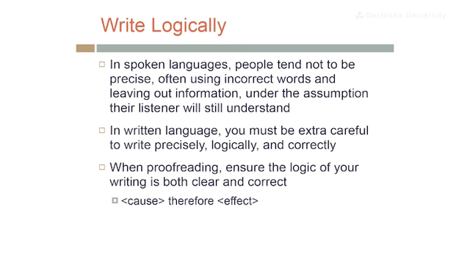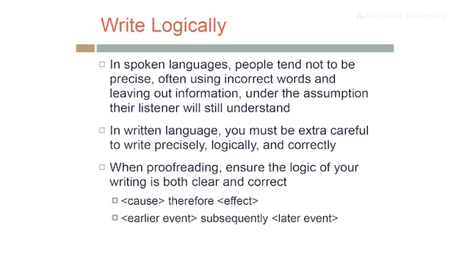Another one that comes up a lot in terms of logic and scientific writing is the word subsequently. Oftentimes you'll be describing your procedures. So you did one thing and then you did something else. And you might use the word subsequently for that to indicate the time sequence. So when you're proofreading and you come to the word subsequently, check and see, is the thing right before it the earlier event, and is the thing right after it the later event?